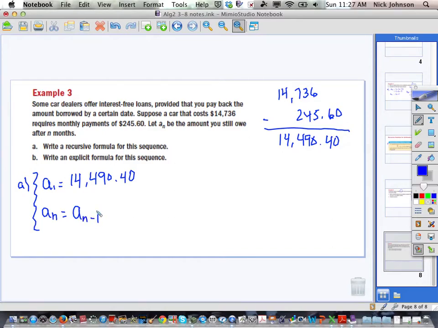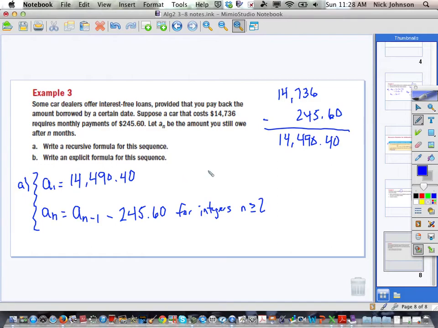Well, we are subtracting $245.60 every single month until it goes down to 0. So it's for integers, N has to be greater than or equal to 2. And yes, at some point in time that will stop. Okay? But you get the picture.